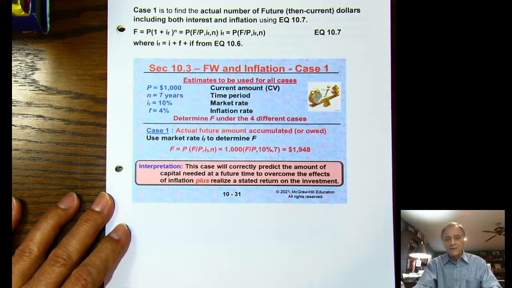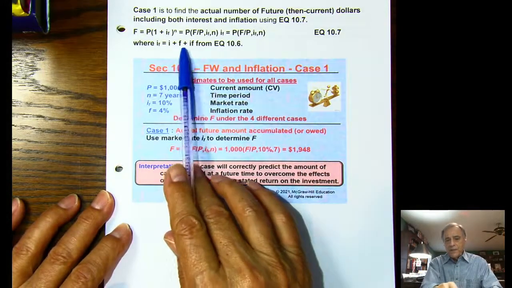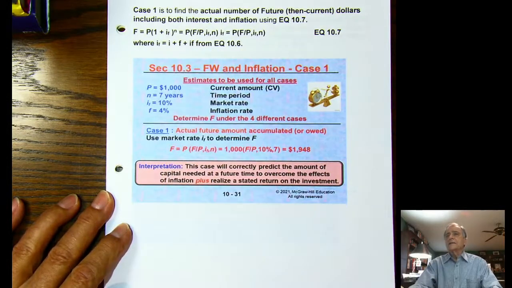I don't want to confuse you. The rate that you get when you do financial transactions always includes inflation, but we haven't been using that as such in the course.